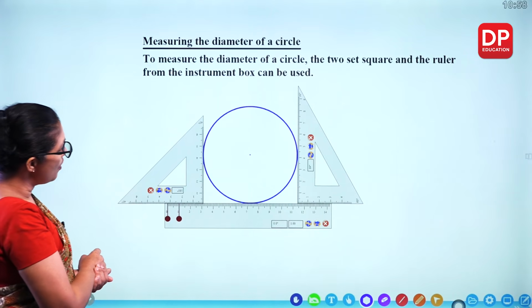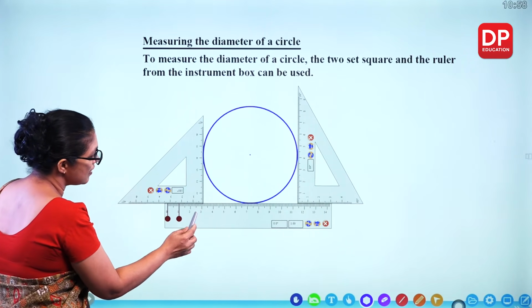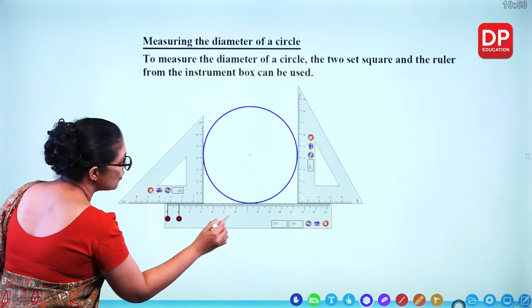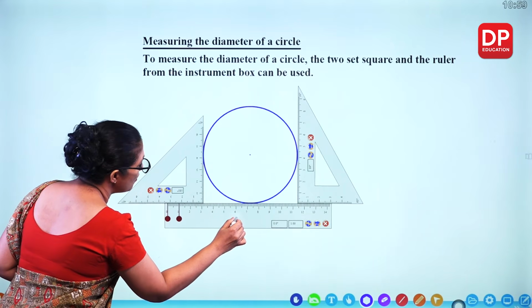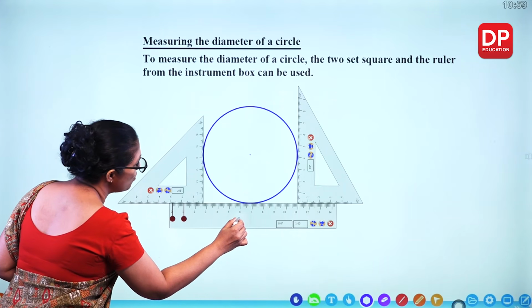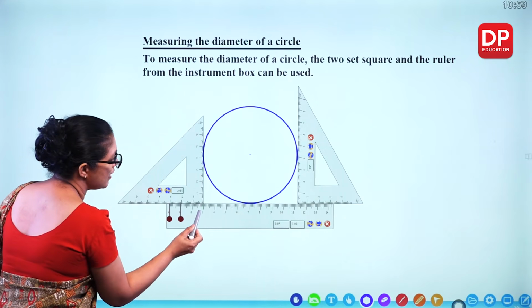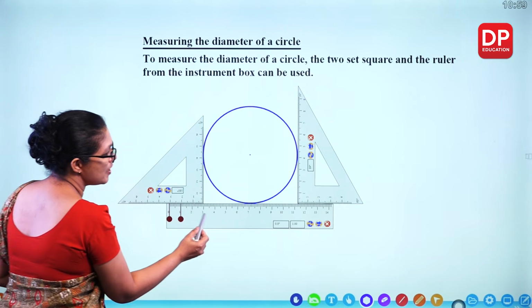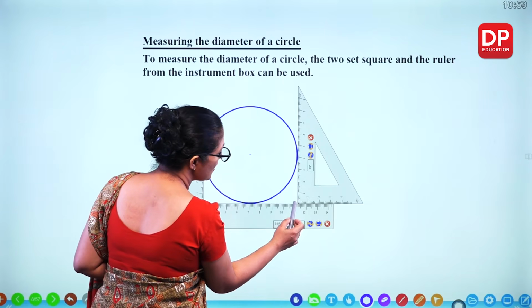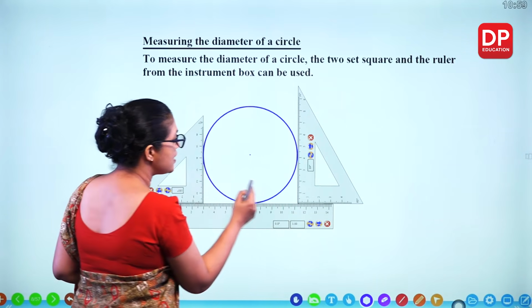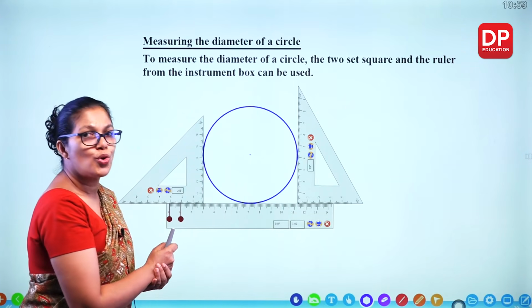Now here you can take a whole number. So you can move the ruler so that you get a whole number here. So 3 is the measurement here. Here, what's the measurement? 11.2.